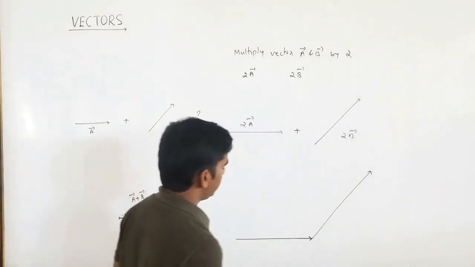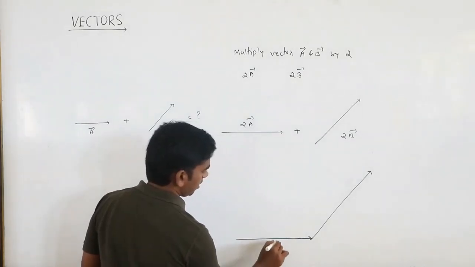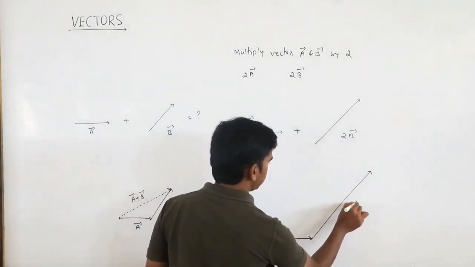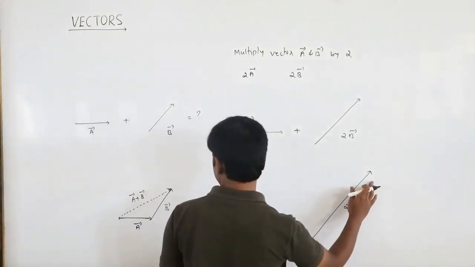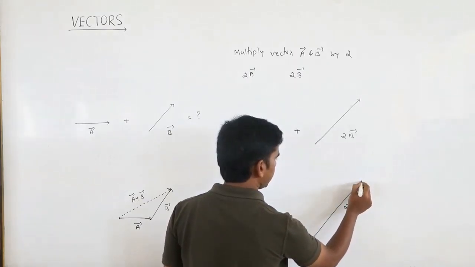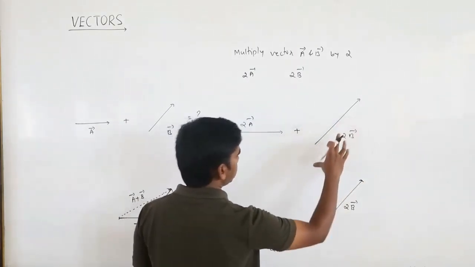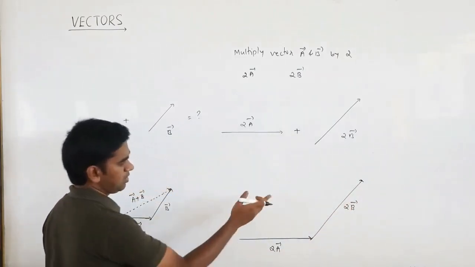This is 2A and this is 2B. Maybe I have taken a little longer one. This is 2 times B, this one. This is 2A and that's 2B.